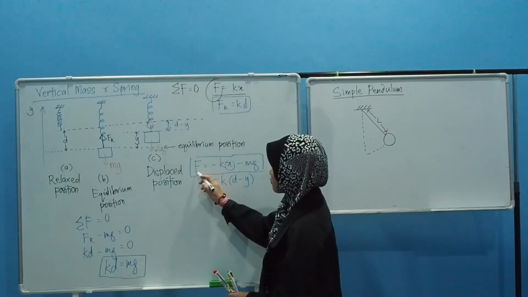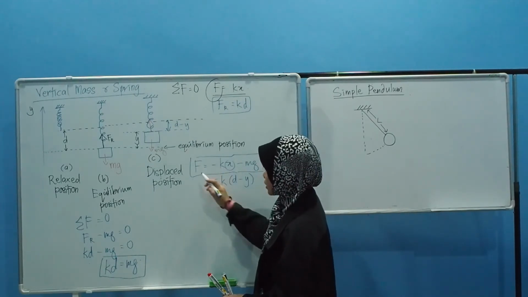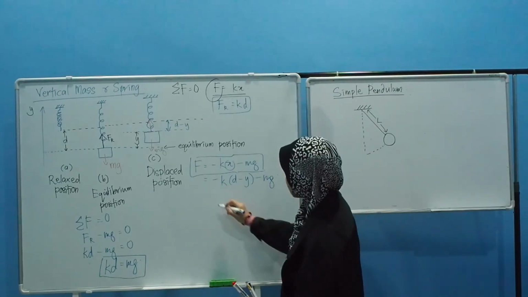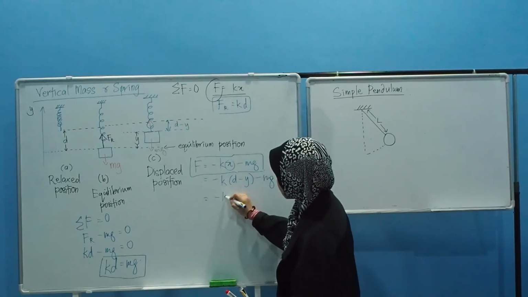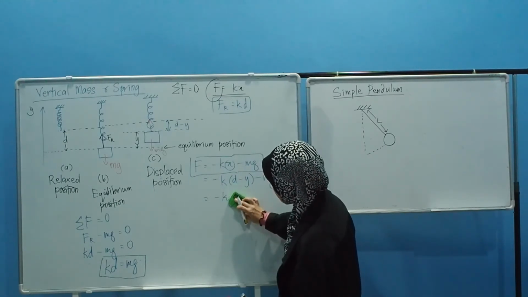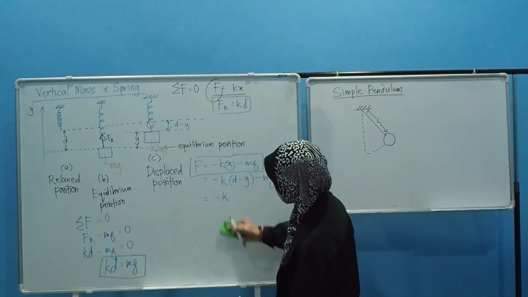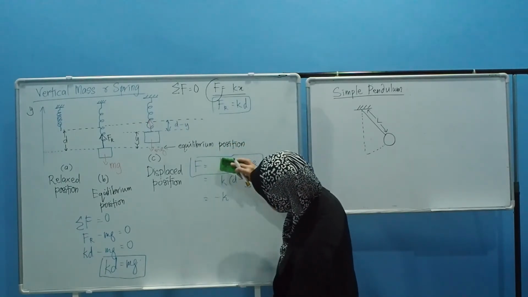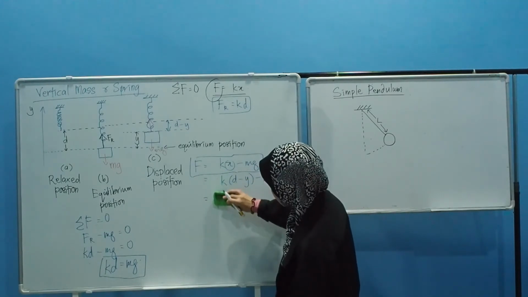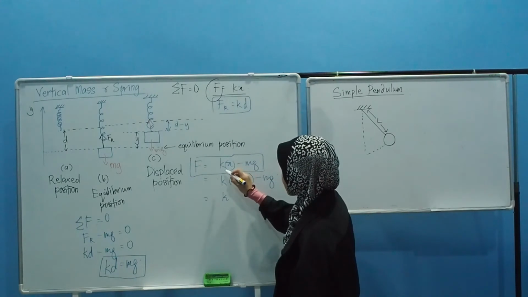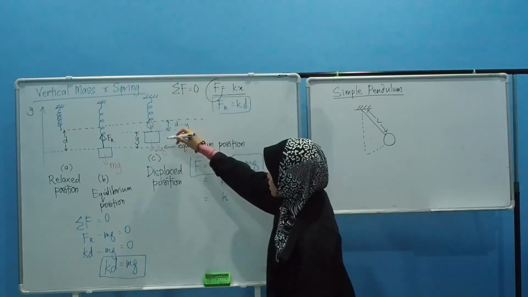So when you expand it, it becomes minus Kd, not Kg, Kd. So F is equal to Kx minus mg for this position.